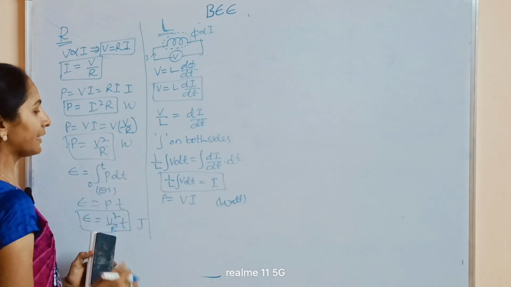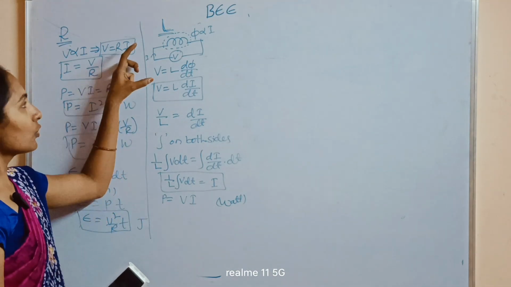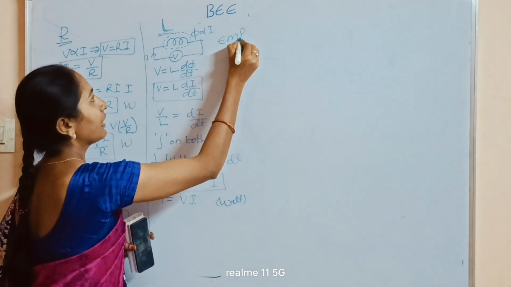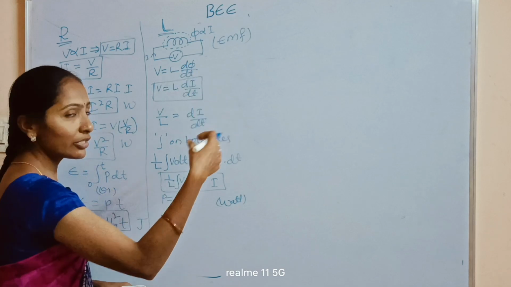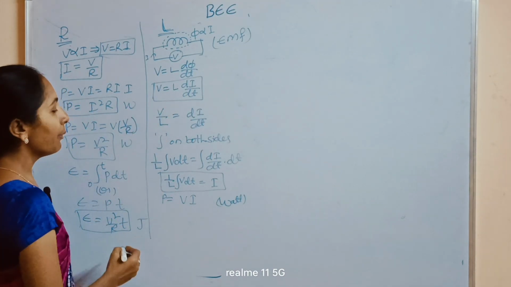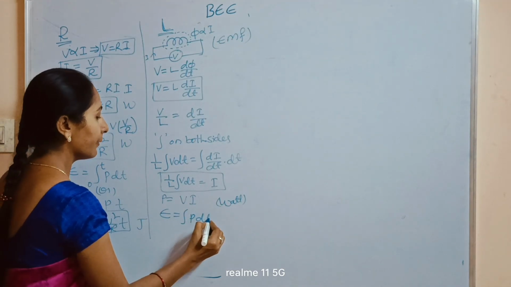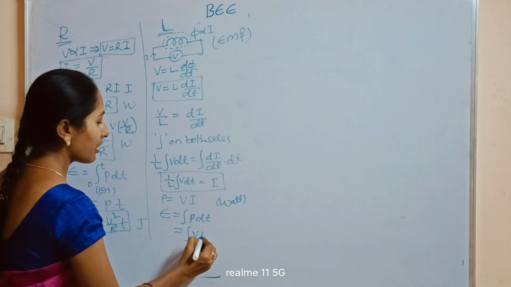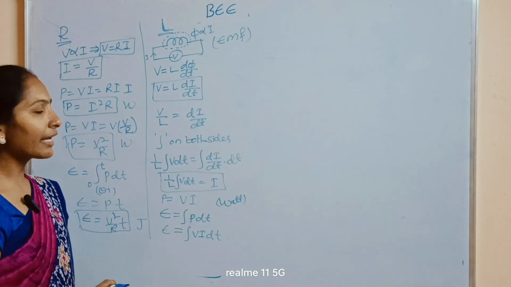Now coming to energy stored. The inductor stores the energy in the form of an electromagnetic field. So how much energy may it store? Based on the energy principle, E equals integration P into dt. P is nothing but V i, so E equals integration V i into dt.